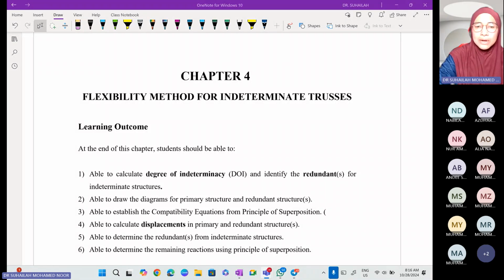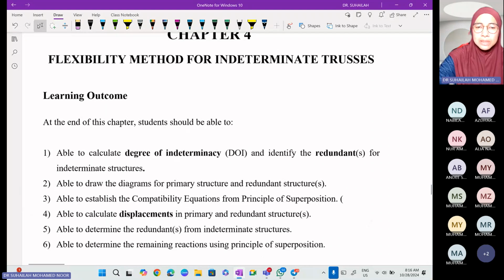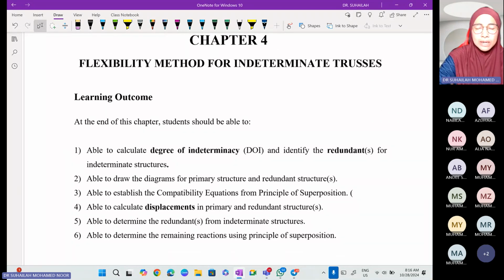in the truss. Okay, so as usual, number 1, of course, we should be able to calculate the DOI, the degree of indeterminacy, for an indeterminate truss. The DOI for an indeterminate truss does not come only from reactions, because there are also member forces in the truss, and we have to consider the member forces as the redundant, depending on the condition.